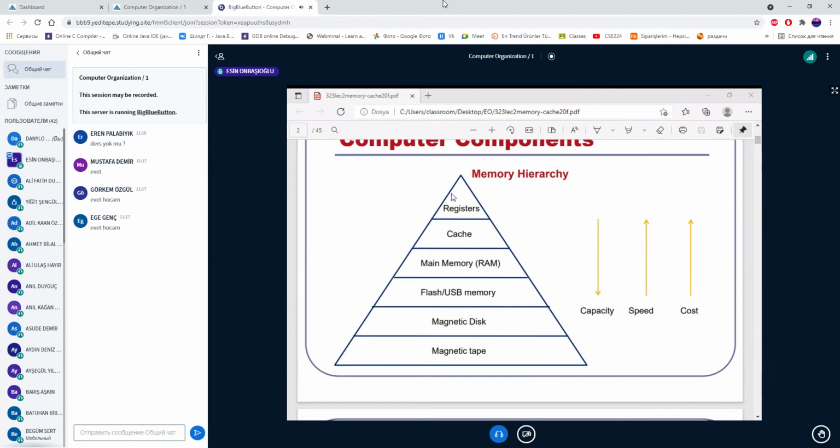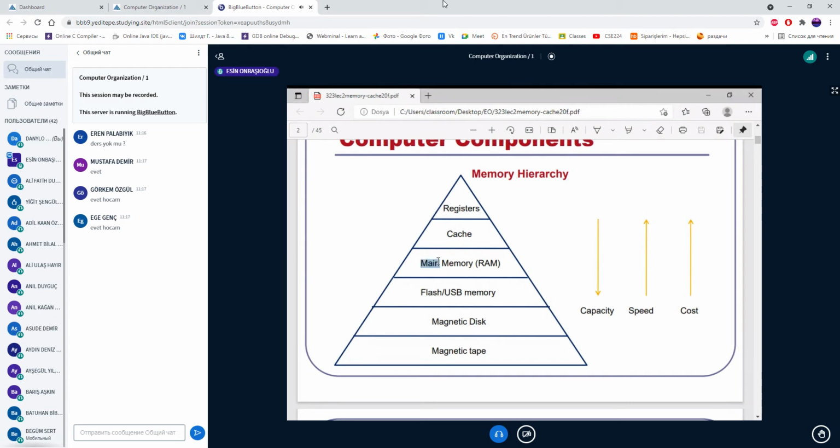You may have a larger set of registers, but in order to execute programs, the number of registers is not enough. They can be used only for storing temporary data. So they are the fastest storage units, but their size is very limited. So if its speed is large, its cost is large.